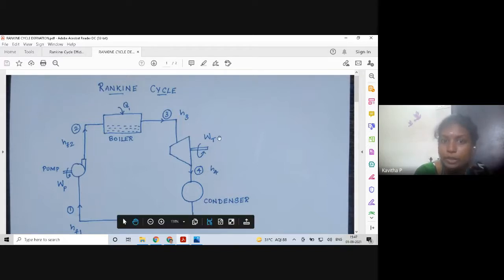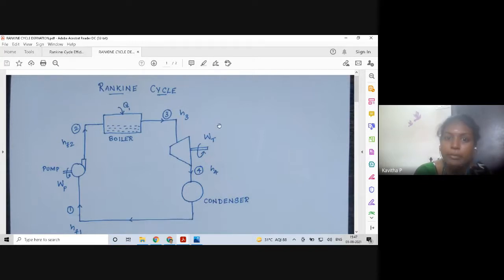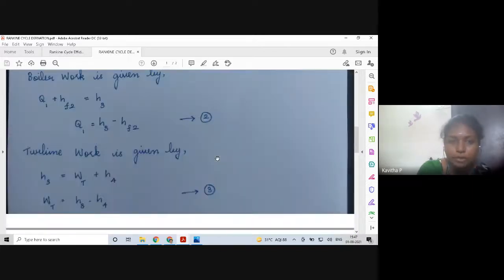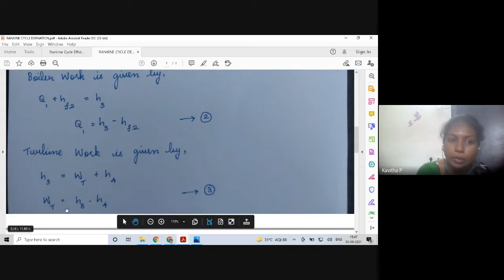H3 equal to Wt plus H4, because H3 is the superheated steam which is entering into the turbine, which creates the work done by the turbine, which is the mechanical rotation, and the steam leaving the turbine was denoted as H4. So from H3 equal to Wt plus H4, I require Wt to be equivalent to H3 minus H4, which is taken as equation number 3.